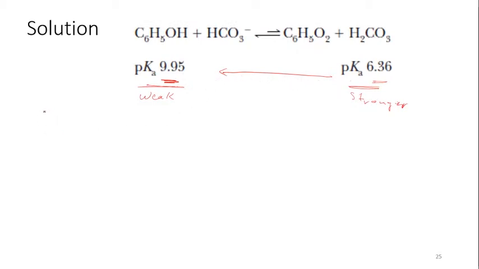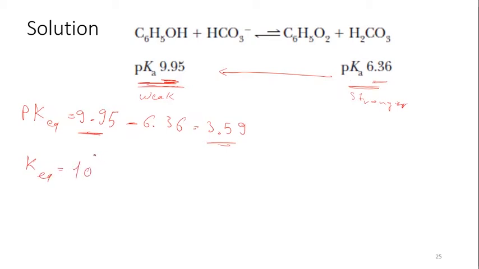If I need to calculate the pK equilibrium, this means I will take the acid minus the conjugate acid, 6.36. This means it is equal to 3.59. Now if I need the K equilibrium, this means it's going to be 10 to the power minus 3.59.